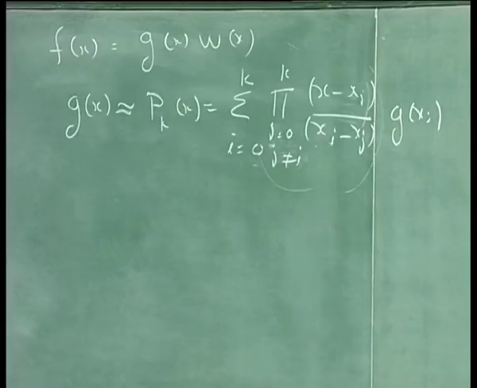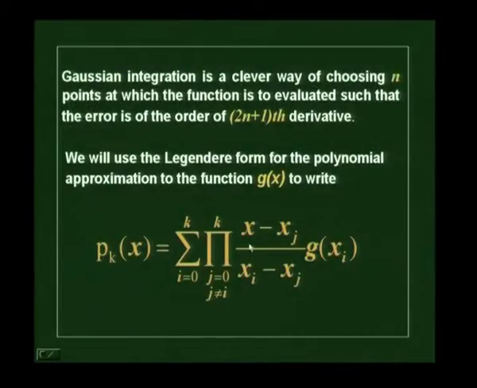So now we can choose the x values at which the function has to be evaluated as the zeros of this polynomial. That is the basic idea of Gaussian integration. We will see that now. First we write the polynomial approximation to g of x in this form: sum over i going from 0 to k, product over j going from 0 to k, j not equal to i, of x minus xj divided by xi minus xj, into g of xi.